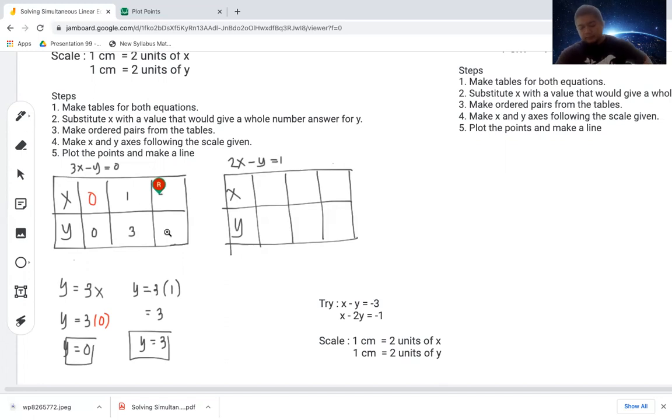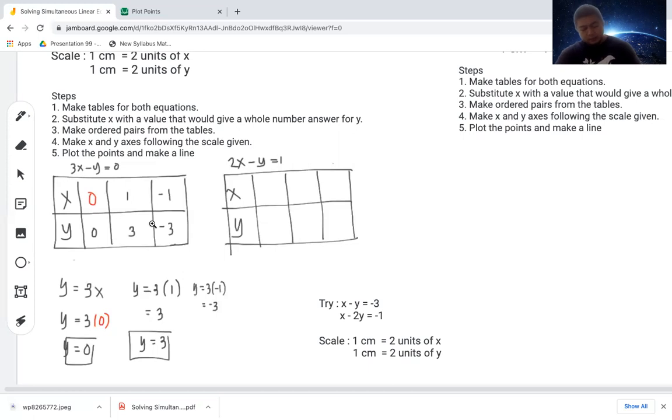This time, I'm going to go to the negative values. So let's say if I put negative 1 as the value of the x, then y is equivalent to 3 times negative 1. So this is going to give me negative 3, which is way more convenient to graph.